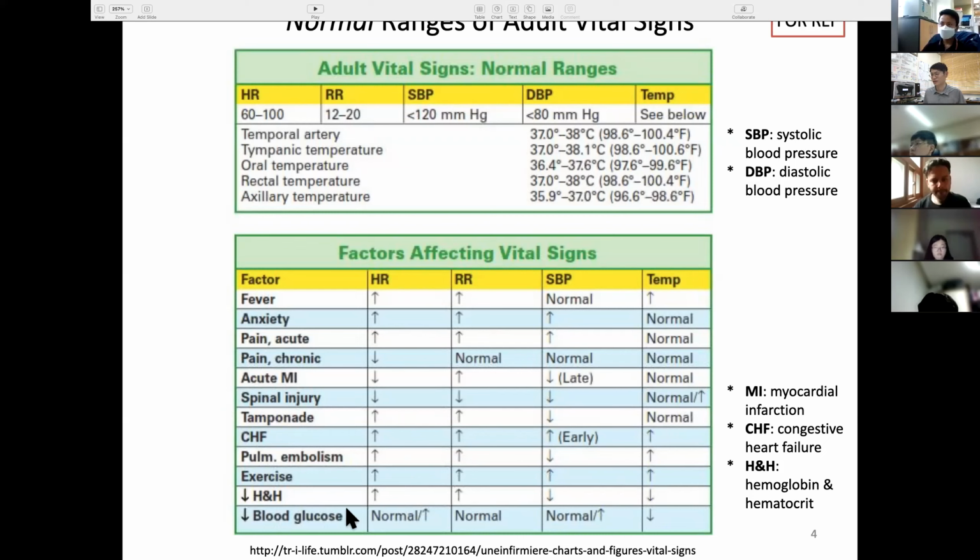And there are other conditions such as H&H, which stands for hemoglobin and hematocrit. It's like anemia. If hemoglobin and hematocrit are low, then you have to maintain your need for oxygen, so you increase heart rate and respiratory rate, while in this case systolic blood pressure is not that high and temperature goes down.